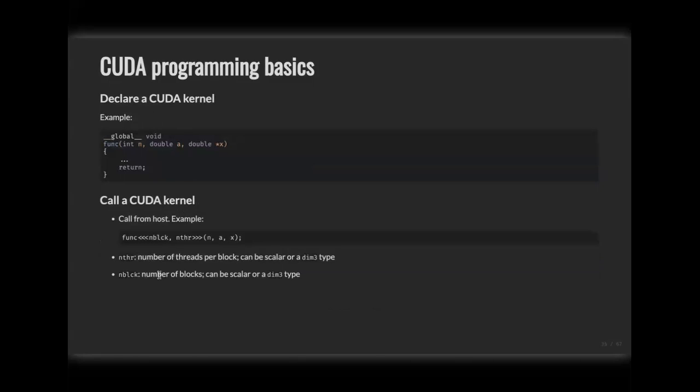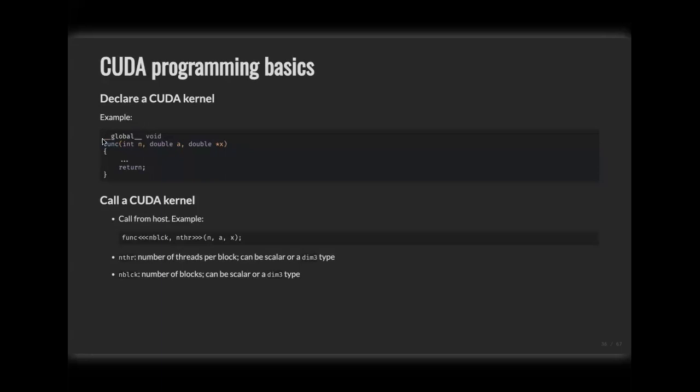Now, a function that you want to run on the GPU looks more or less like any other function that you would write to run on the CPU. It's just that you add this decorator, this attribute, which is underscore underscore global underscore underscore.